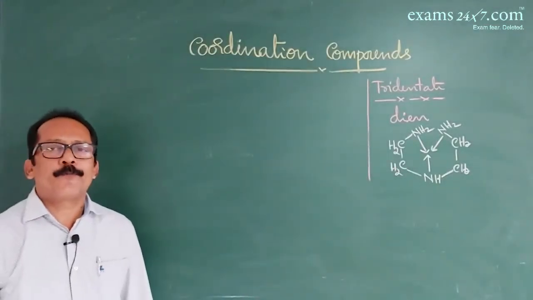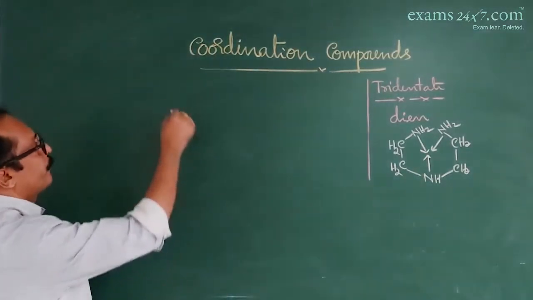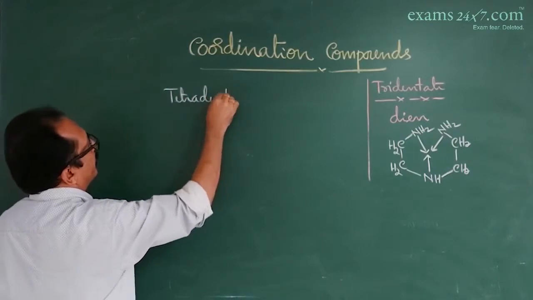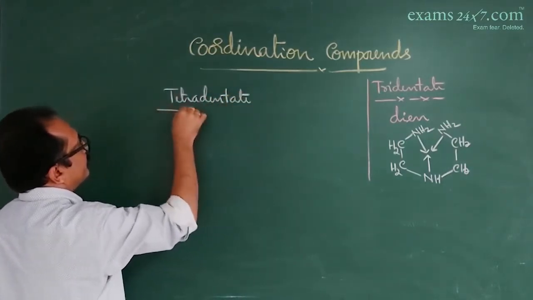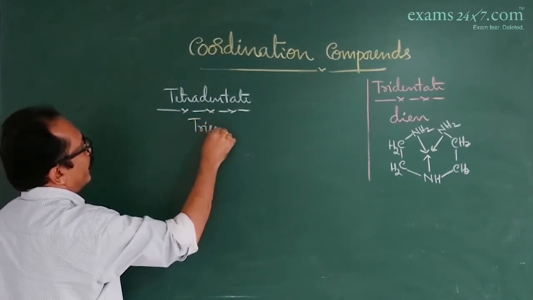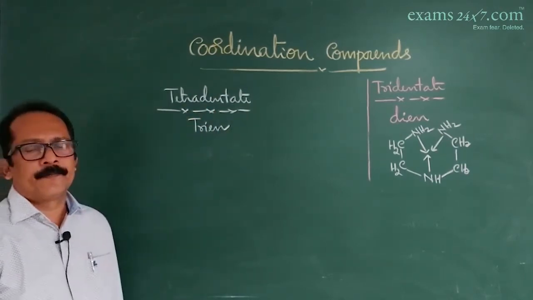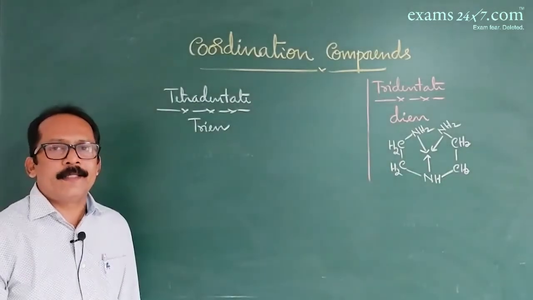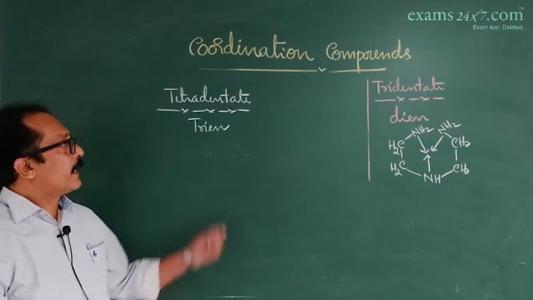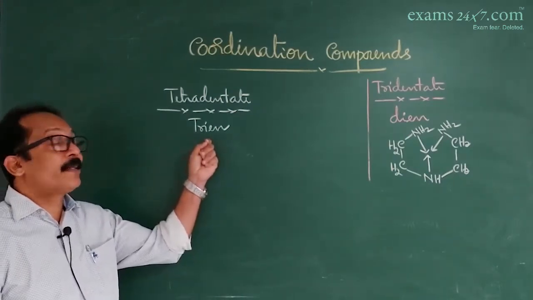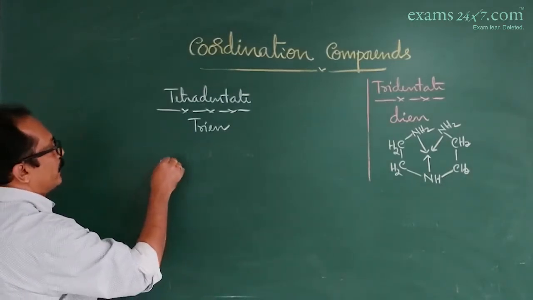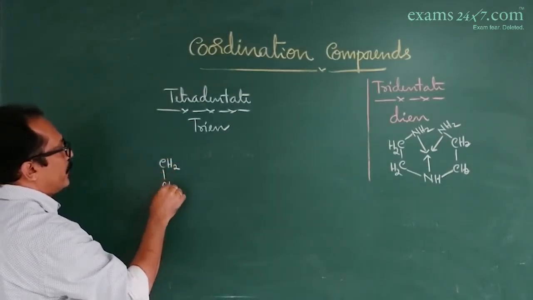So per ligand, it forms 4 coordinate bonds. Example for tetradentate, trien: triethylene tetramine. Now, look here. There are 3 ethylene groups.